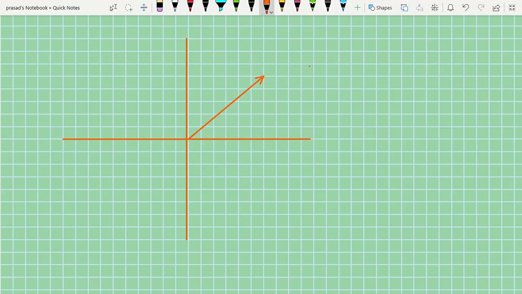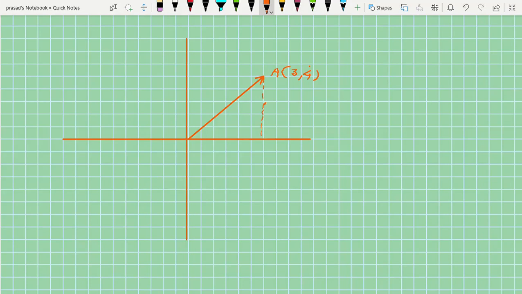This is point A. Now suppose the coordinates of A are 3 and 4. I will draw a perpendicular on the x-axis here.